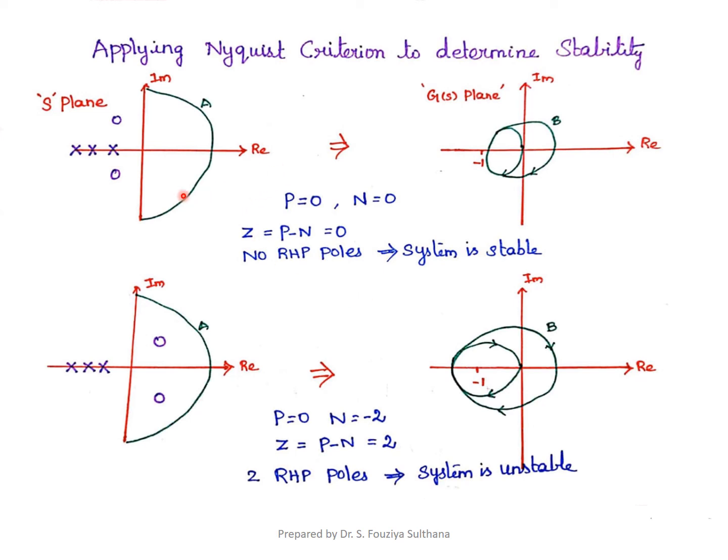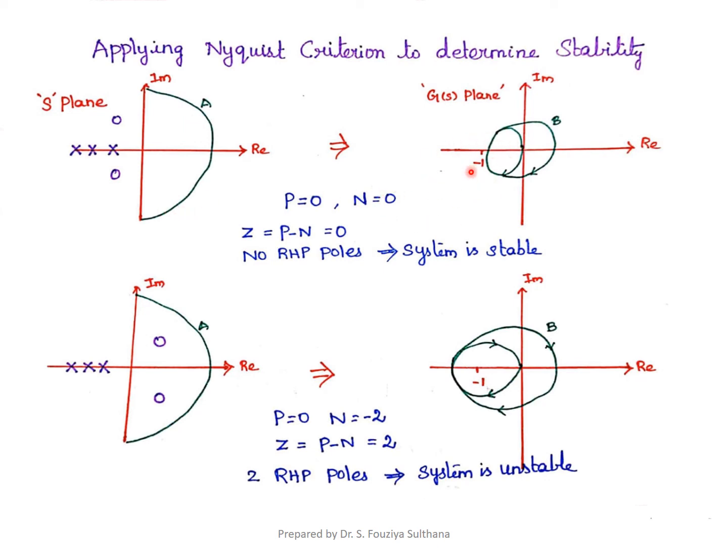See these diagrams to know how to apply the Nyquist criterion to determine the system stability. In the first case, P is equal to 0. P is the number of enclosed open loop poles. There are no poles inside the contour, so P will be equal to 0. And there is no pole or zero inside the contour, so there will not be any encirclement about -1.